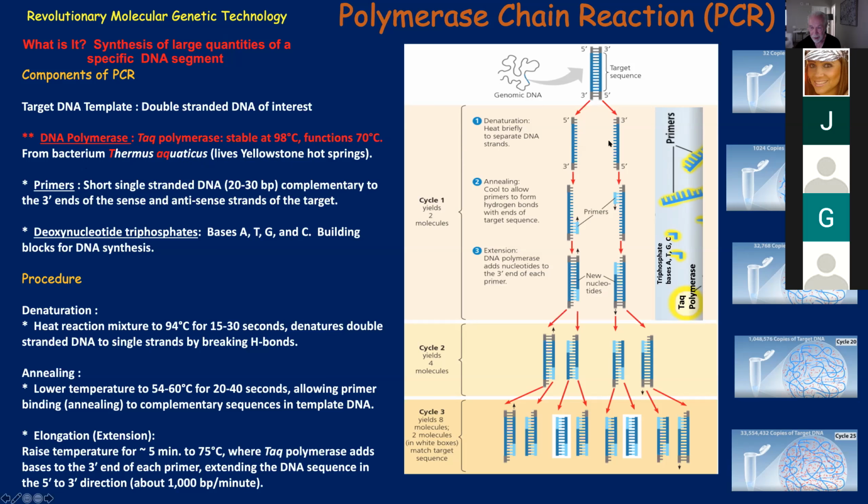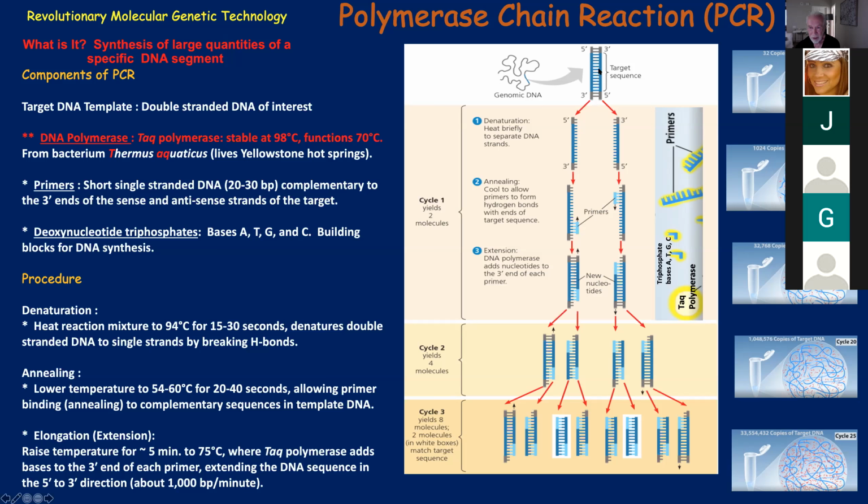So you heat up to separate the strands, and the DNA polymerase is stable to that. And you anneal, you cool it and allow the primers to anneal to their sites. And then you heat it up again so that DNA polymerase, Taq polymerase, can fill in between the primers.